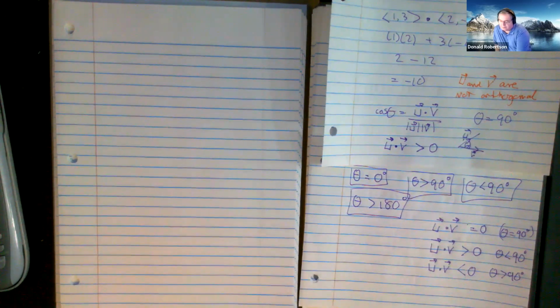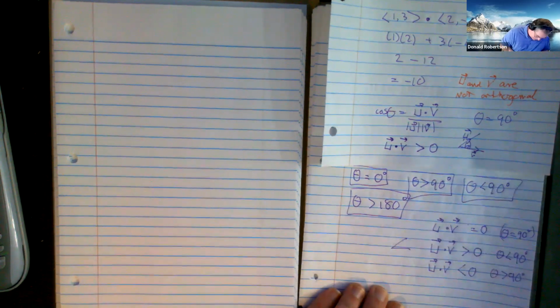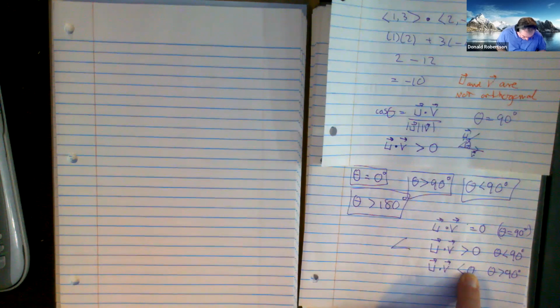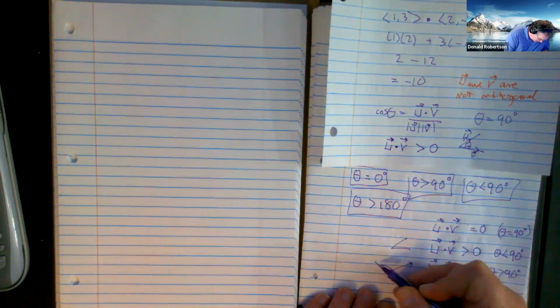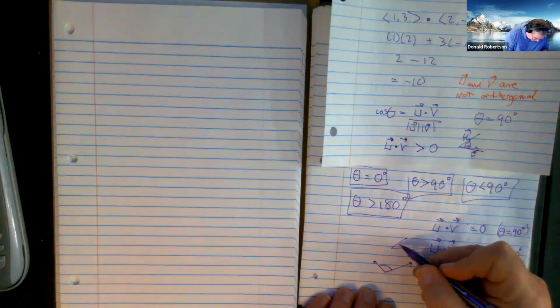So that's something for you to memorize. If the dot product is 0, the angle is 90 degrees. If the dot product is a positive number, the angle between the vectors will be less than 90, right? Will be acute, it'll look like that. And if it's a negative number for the dot product, the angle between the vectors will be obtuse, right? Bigger than 90.